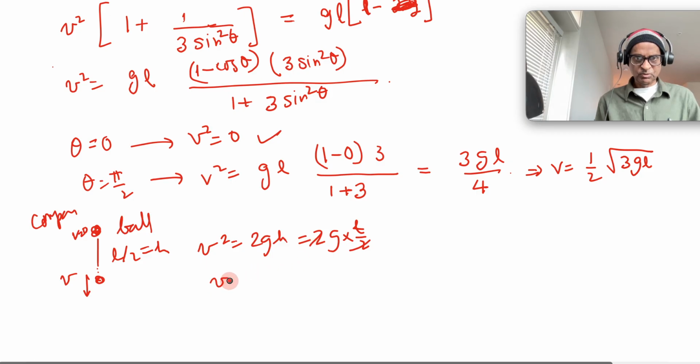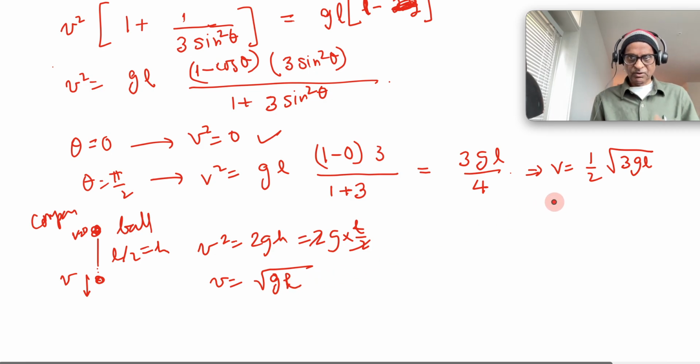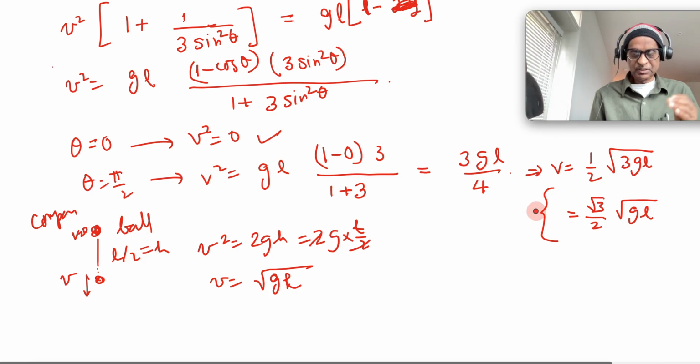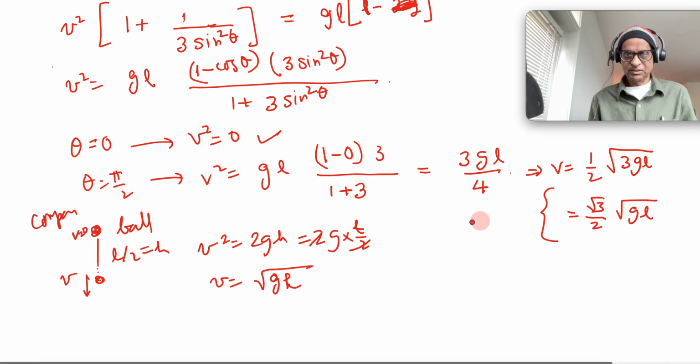So v would be the square root of gL. Over here we are getting the square root of 3 over 4 times gL. So the speed is a little bit less, and that has to do with normal forces opposing it vertically. So I think this is probably correct.